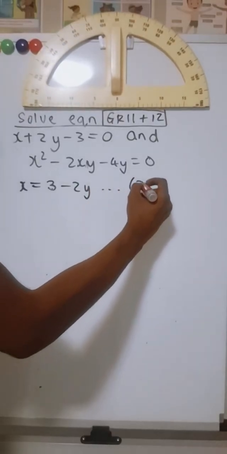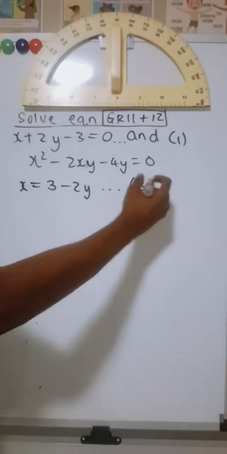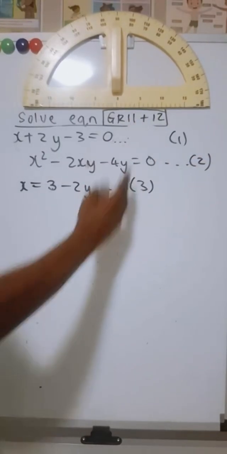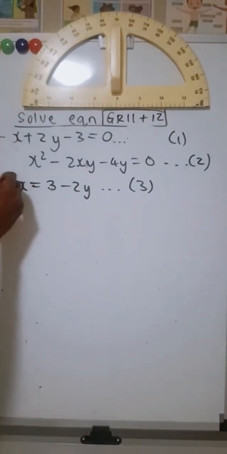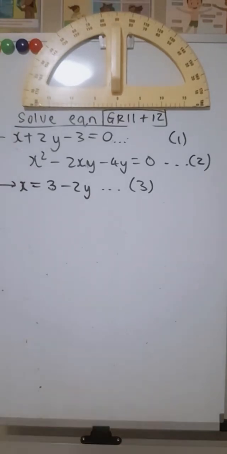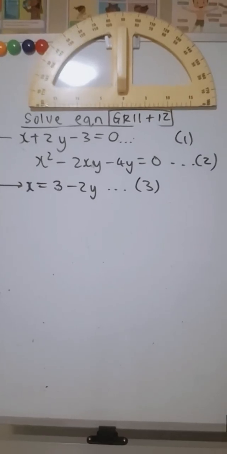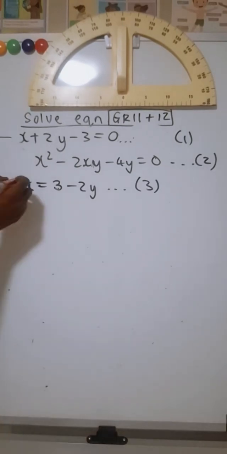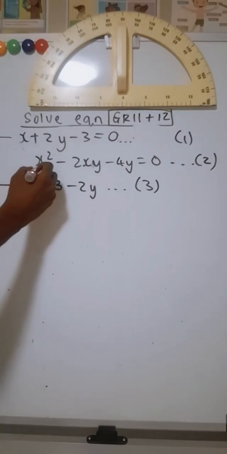Then we say this is equation 3. Because remember, this is initially equation 1, and then this is initially equation 2. But then we take the linear one, and we make x or y the subject, and then we call it equation 3. Make sense?